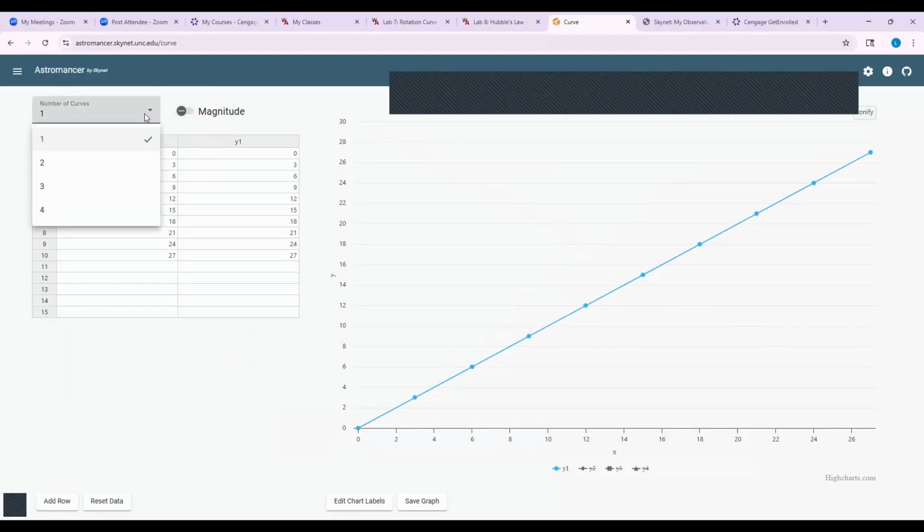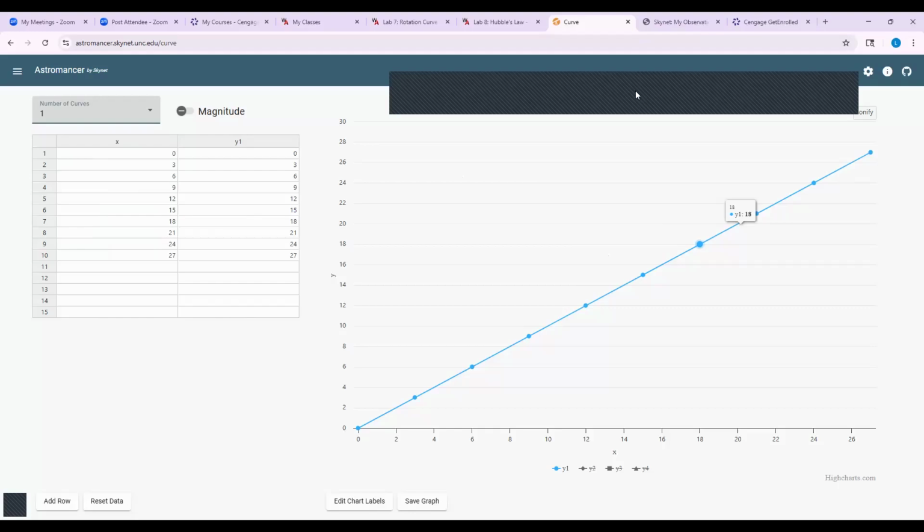Here you can identify different curves. For example, this is curve 1, curve 2, curve 3. If you have different curves, you can identify them here, but at the moment we're just going to use this one. This is a very good option provided by Astromancer.